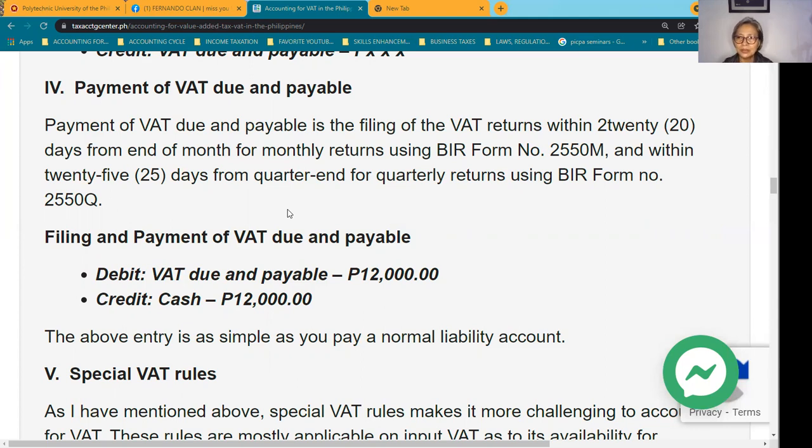At the end of the month, i-close mo lahat ng input mo and lahat ng output mo. And the difference will either be output VAT payable or input tax creditable or refundable. So, ganun lang kadali yung VAT.